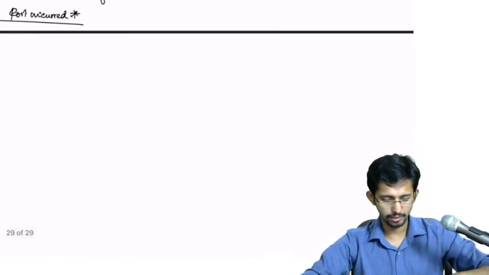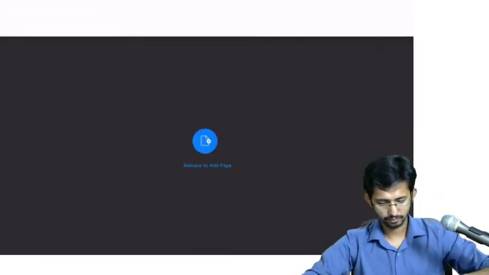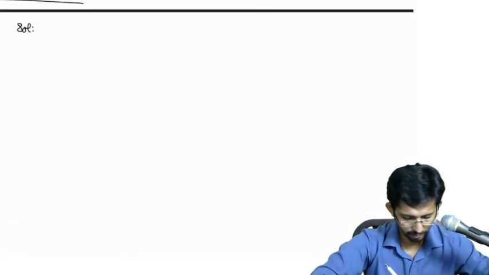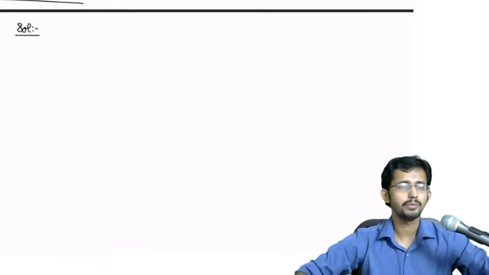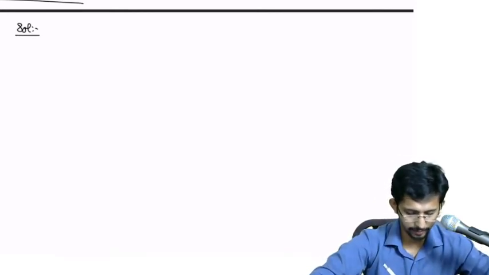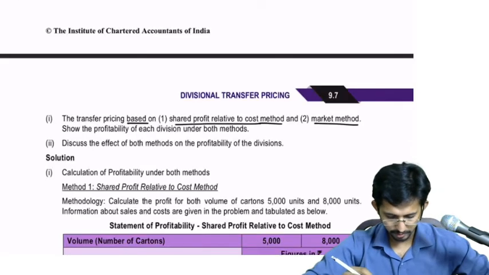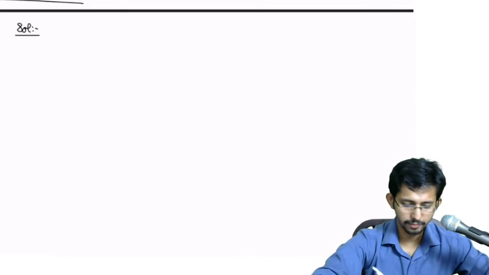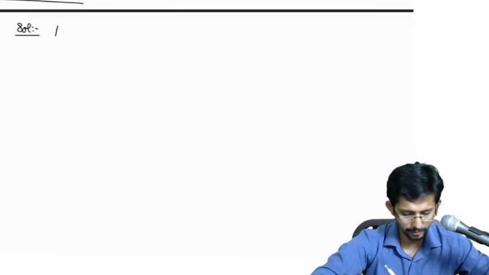Okay, so answer. Solution. The first is calculation of the transfer price, and after that profitability.